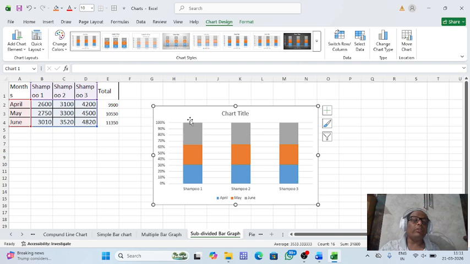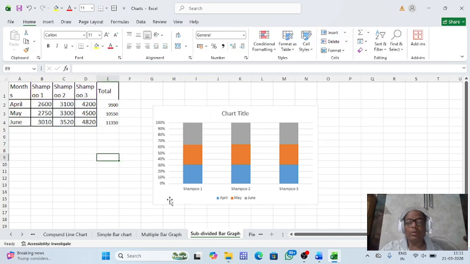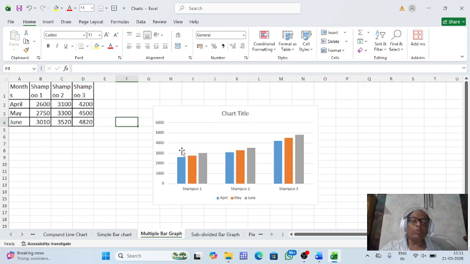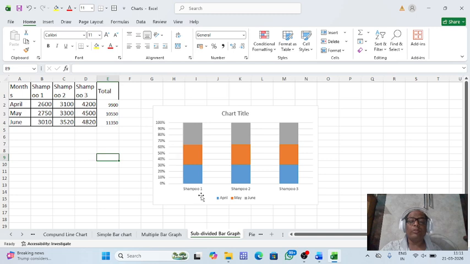So this is a subdivided bar chart, and this is also widely used according to the data given. This is one of the typical ways of representing data in different bar charts. So we have understood the simple bar chart, vertical and horizontal. Then we understood the multiple bar chart and subdivided bar chart.